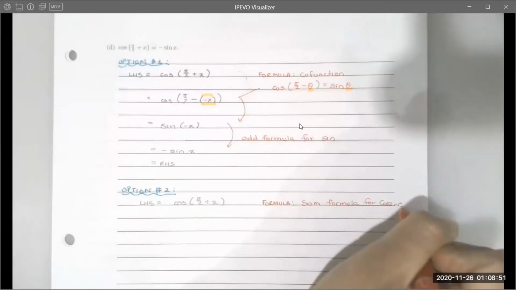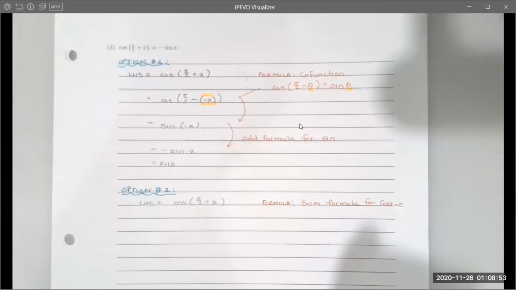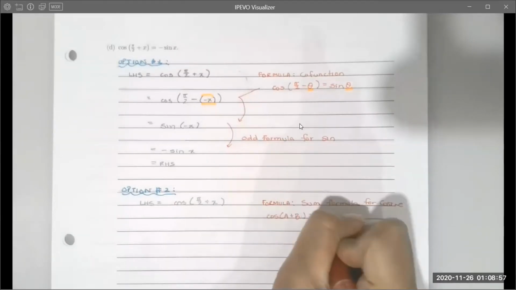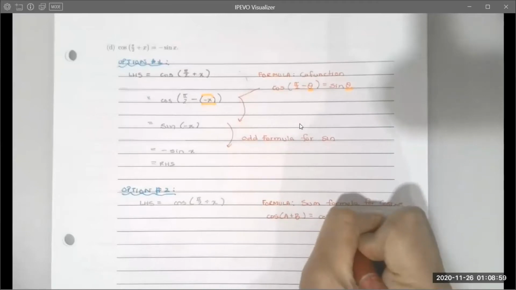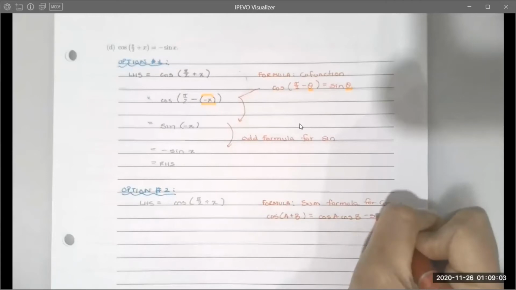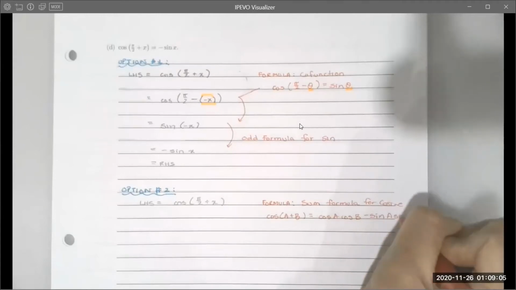This is the sum formula for cosine: cosine of A plus B is equal to cosine A cosine B minus sine A sine B.